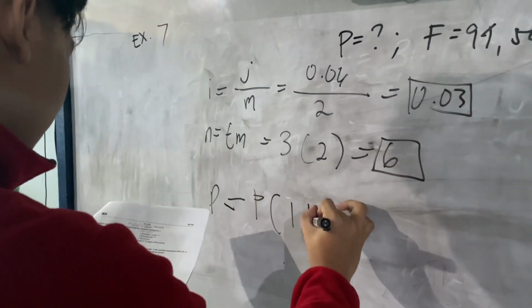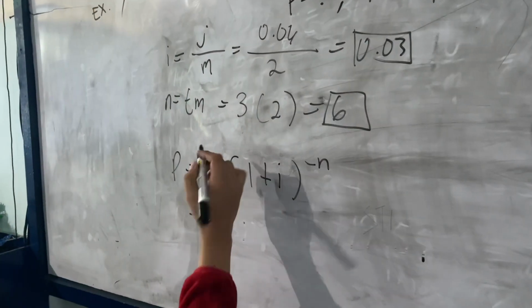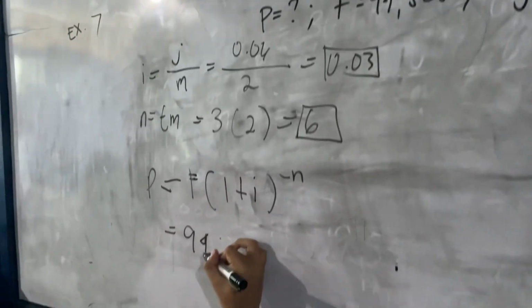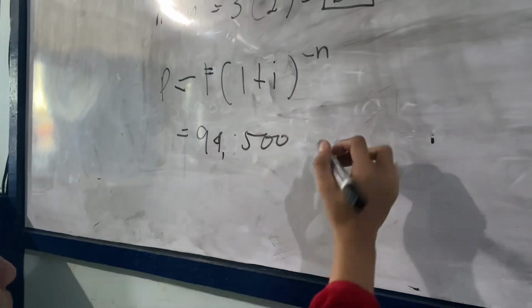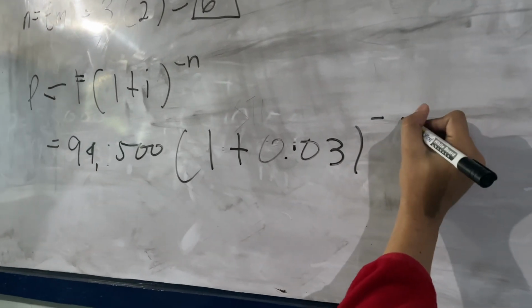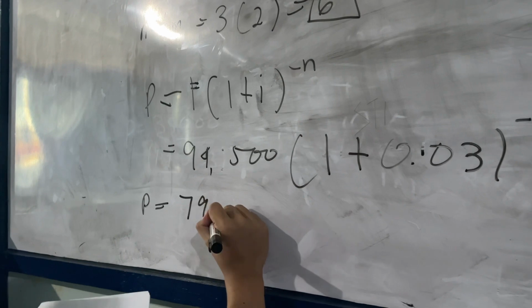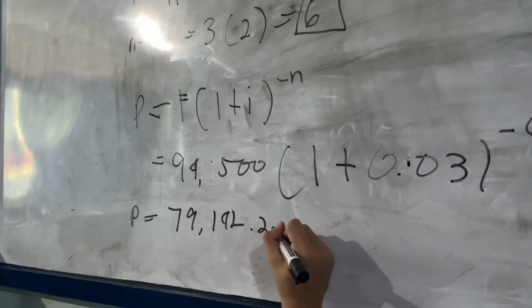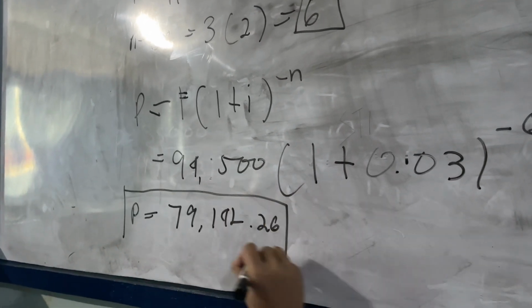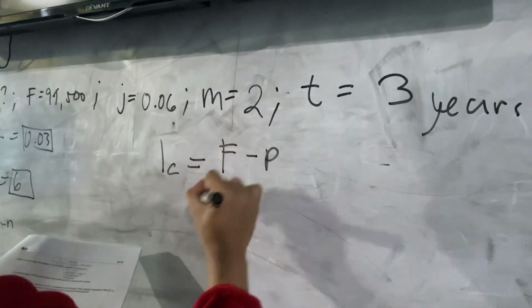P equals F times the quantity of 1 plus i raised to negative n. 94,500 times the quantity of 1 plus 0.03 raised to negative 6. We get 79,142.26 as our P.